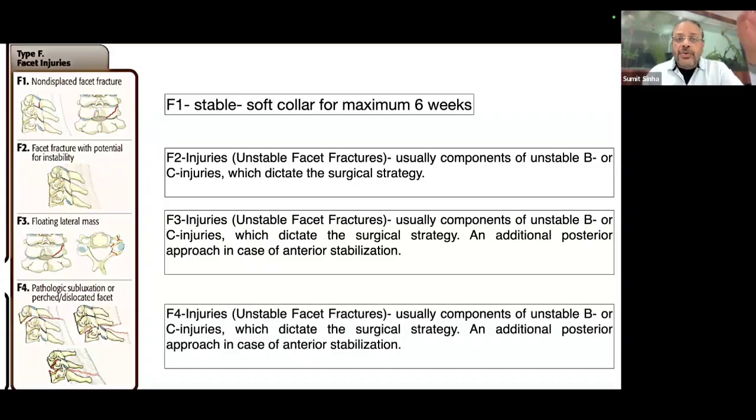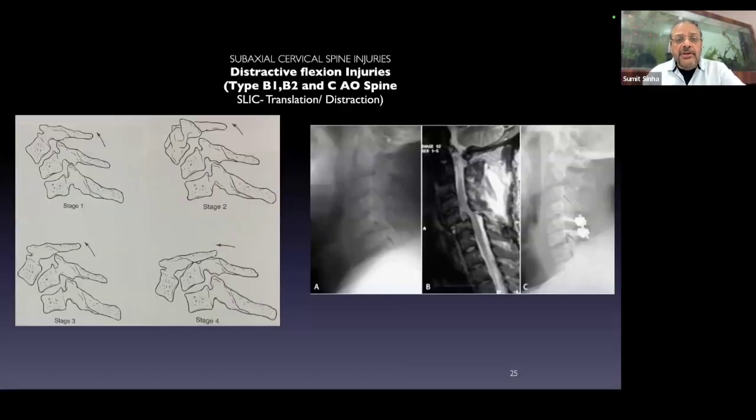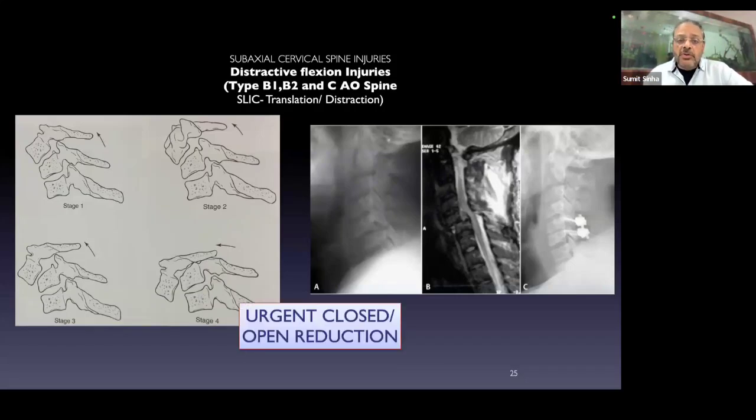Now, coming to the facetal dislocations, this is what we see in our clinical practice mostly, and this is one such example which you are seeing down. This is type C injury associated with varying spectrum of B1, B2 injuries or B3 injuries. So urgent closed or open reduction is required in these cases.